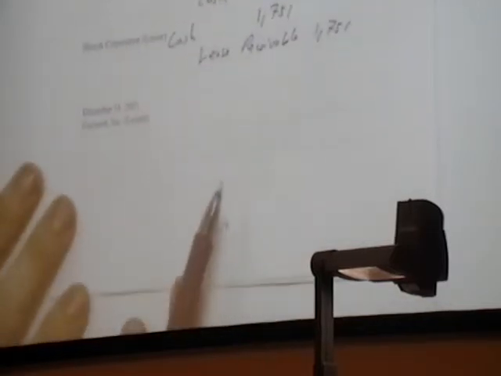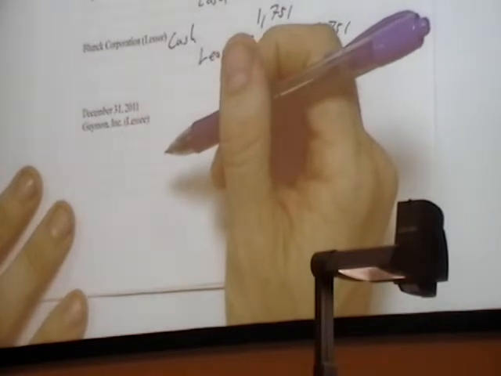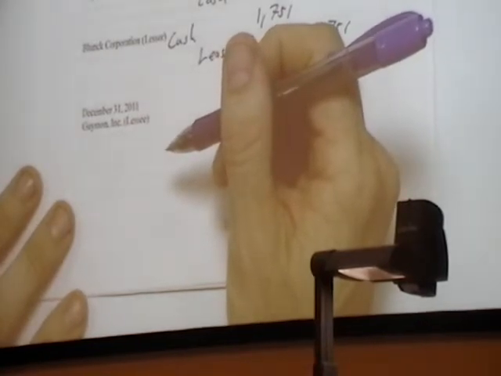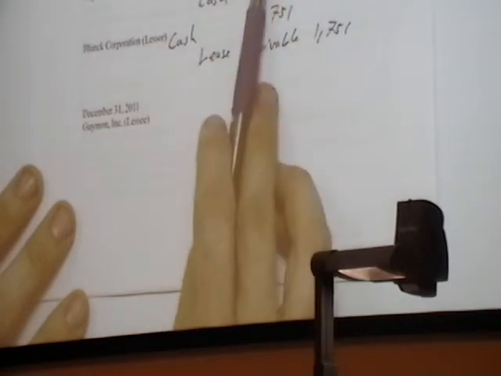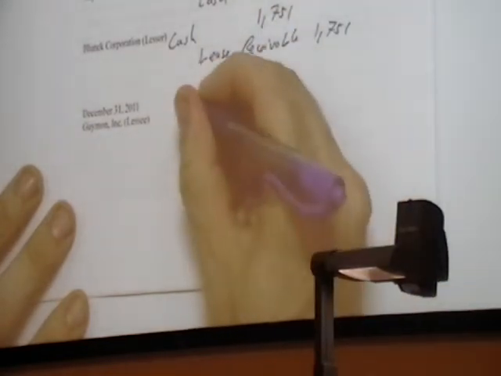So from the lessee's perspective, let's go ahead and record the interest first. So let's figure out the amount of interest that they're going to have. So we need to figure out the carrying value. And so our carrying value is now going to be the 10,000 minus the 1,751, which is going to be some number, which I can't find on my paper.